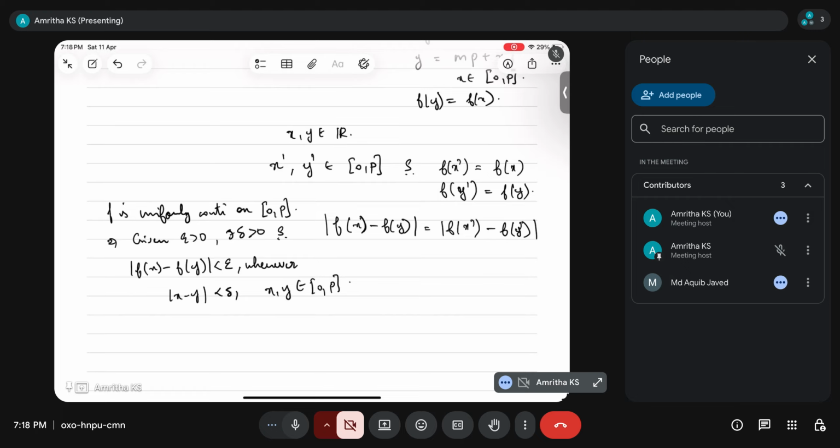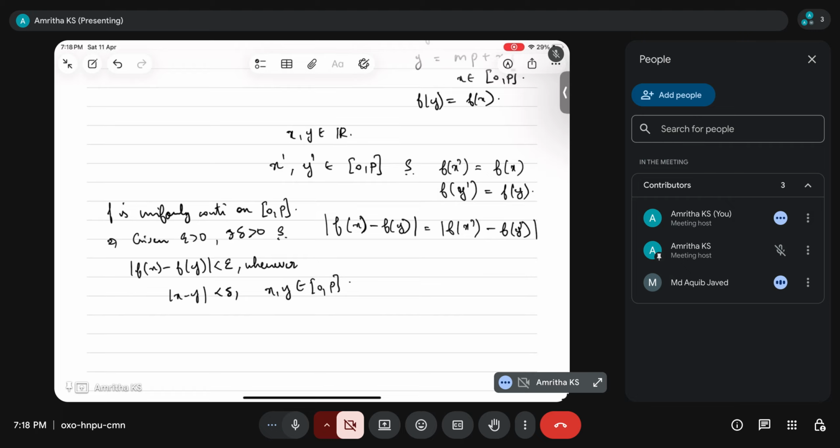I think |x minus y| less than delta implies |x' minus y'| less than delta. Is it true? No, I don't think so.